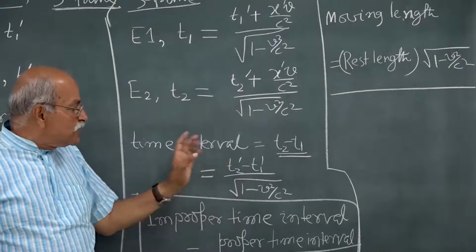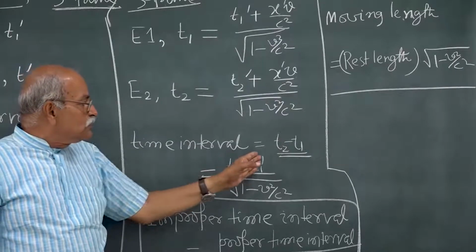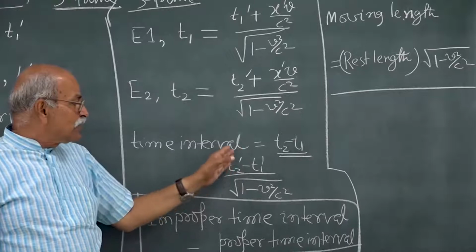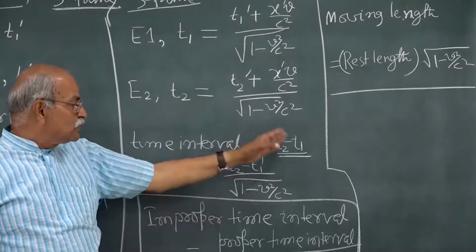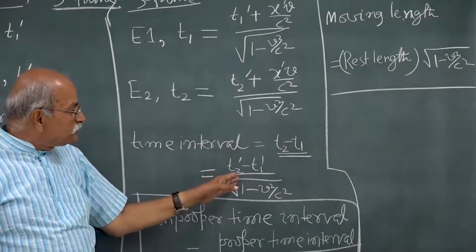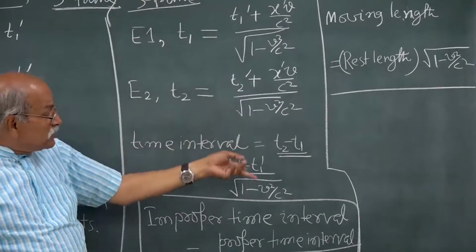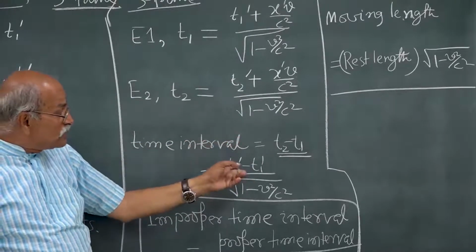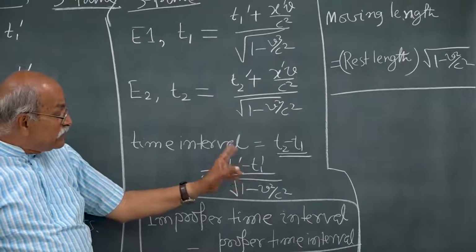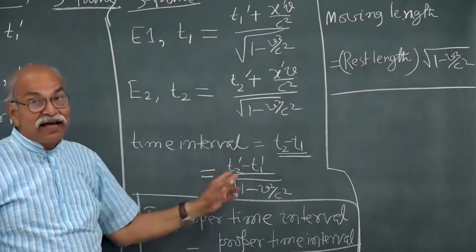So do not try to remember that T2 minus T1 is equal to T2 prime minus T1 prime divided by this and so on. If you do that, then you also have to remember that the two events took place at one position in S prime, then only this is valid.